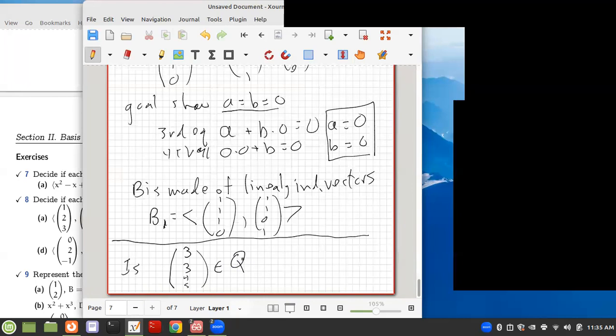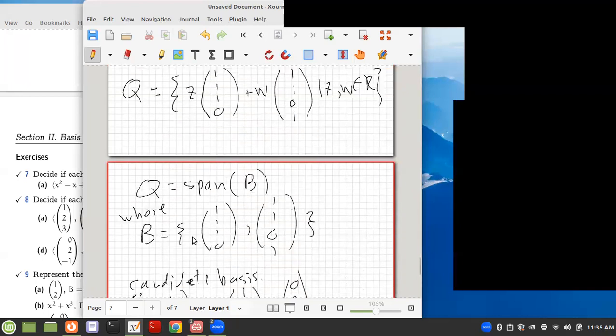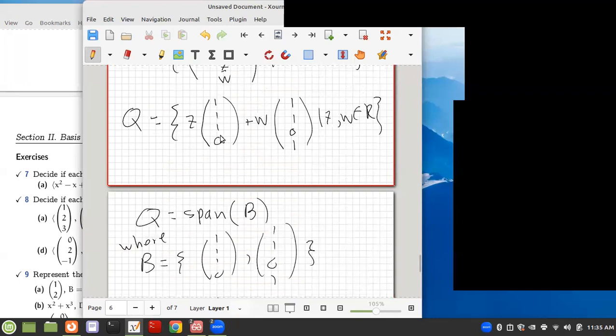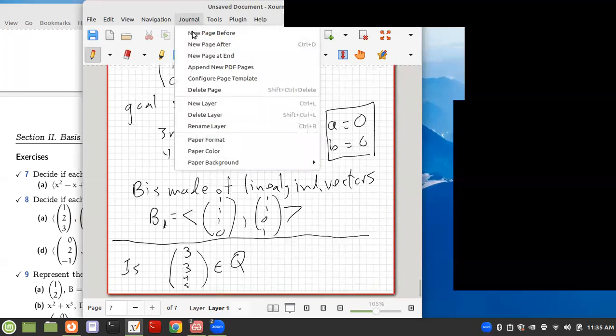So how would I deal with that question? Well, what does it mean to be in Q? Since Q is a linear combination of these two vectors, it means I have to find a linear combination that equals this vector here.